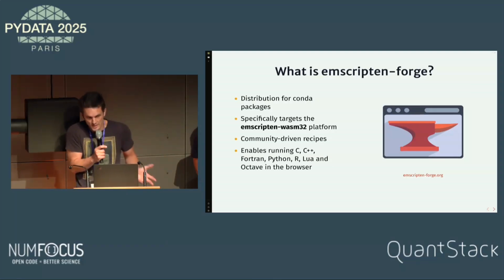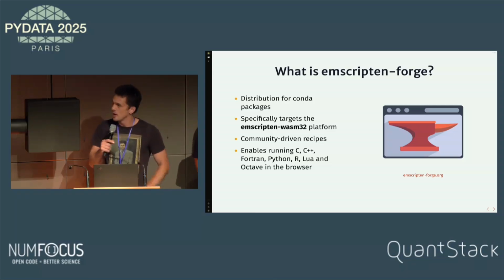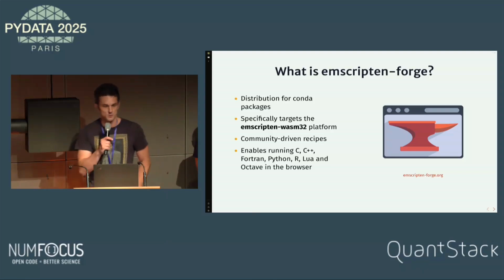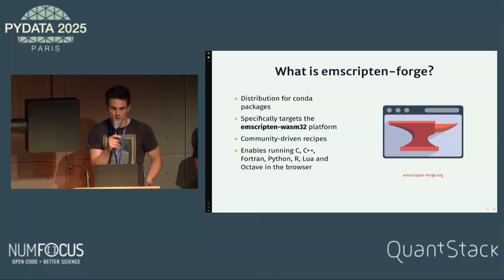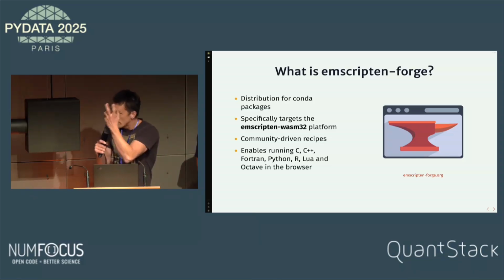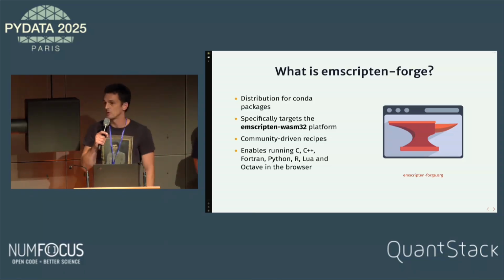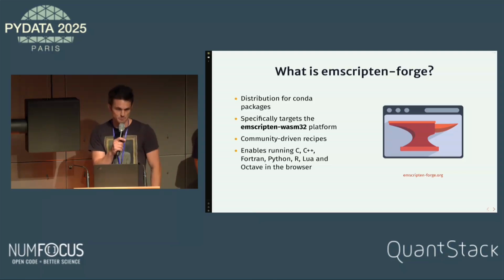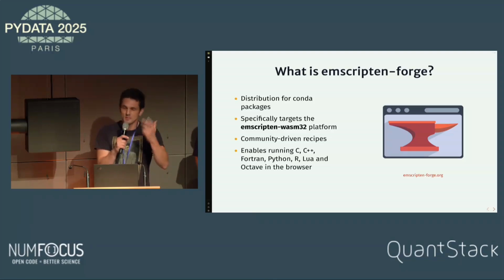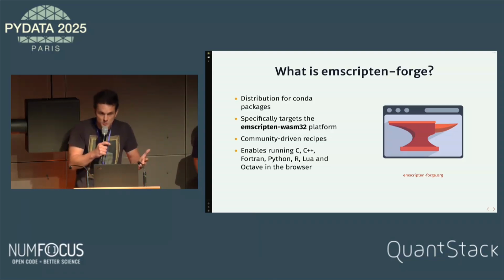Again, it's a distribution for conda packages, but it's specifically for WASM. To be precise, it's for Emscripten wasm32. In that sense, WASM is the hardware you can think of, and Emscripten is like the operating system. Emscripten-forge is a bit like a poor man's conda-forge, but it's also community-driven.